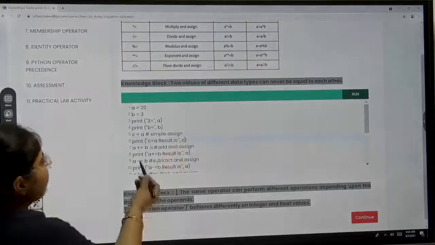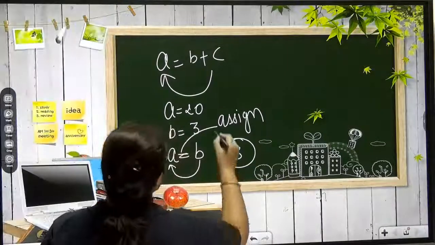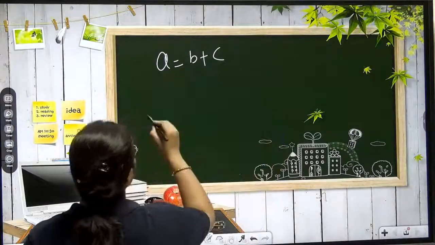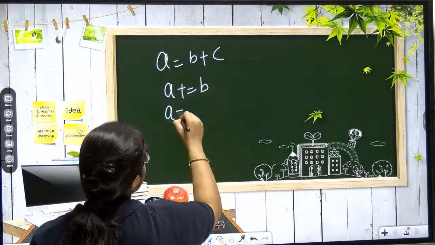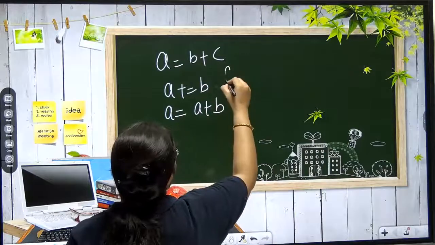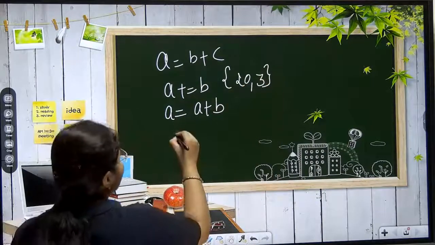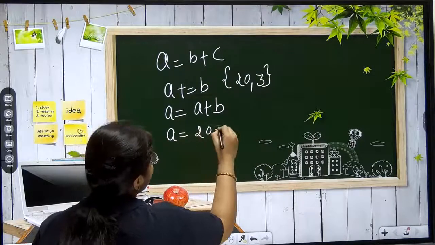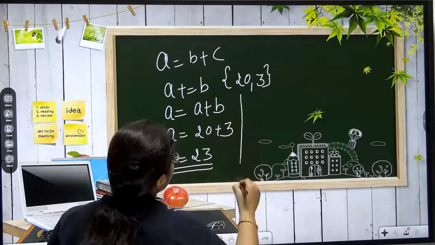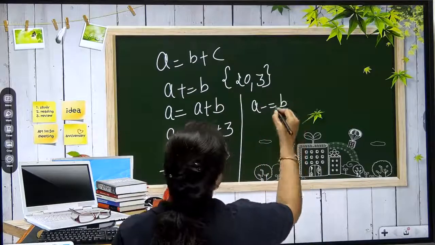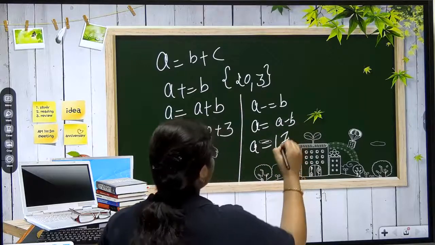Okay. So if we are writing A plus equal B, it means A is equal to A plus B. Now in this example we have the values 20 and 3. So it means 20 plus 3, and here the value of A will become 23. In a similar way, if I write A minus equal B, it means A is equal to A minus B, so the value of A will be 17.